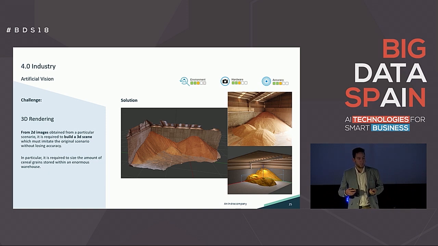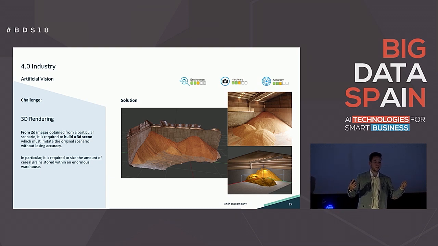We took some two-dimensional pictures with the drone. We were requested to know how much grain, the percentage more or less, the client had in the warehouse. So what we did, again, was send the drone, take some two-dimensional pictures, and rebuild a three-dimensional scenario. That's the thing you have over there.